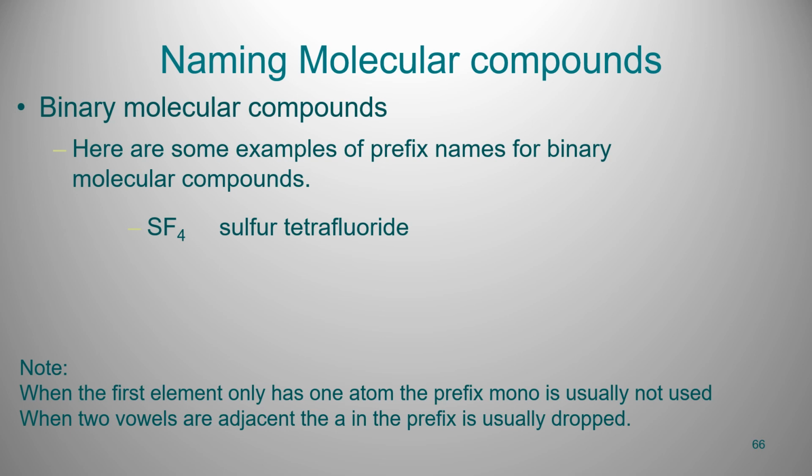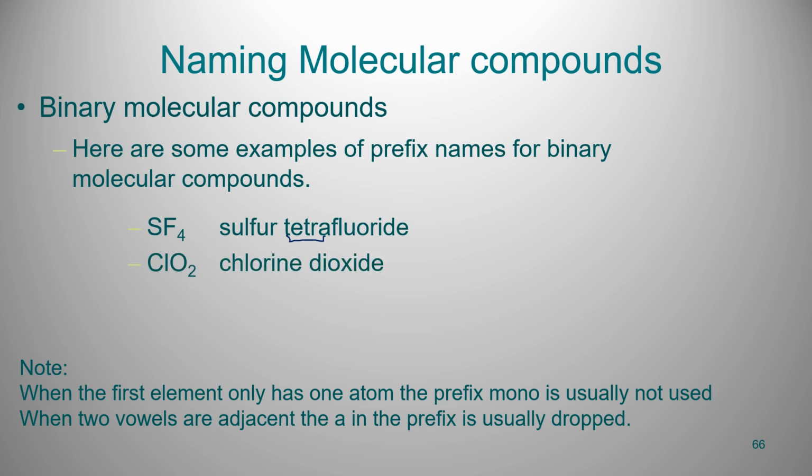They're both nonmetals, so we need the prefix tetra because we don't know. Sometimes they can make ions, so it does get very confusing. But notice that both sulfur and fluorine, if they're going to make ions, are both going to be negative. So they can't go together in an ionic compound. They have to be a covalent molecular compound. So that's when we use the prefix. So sulfur tetrafluoride.